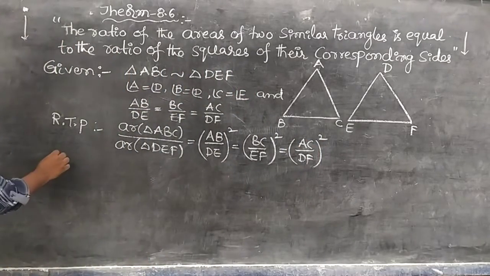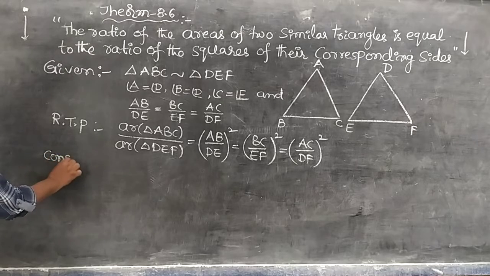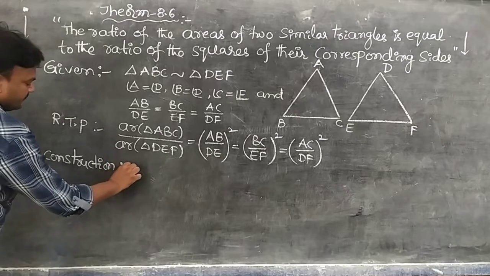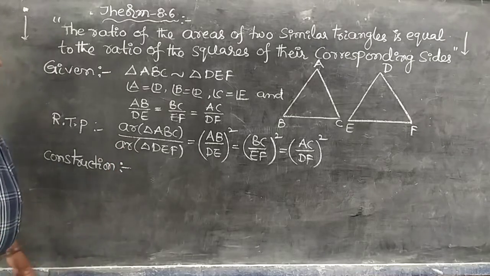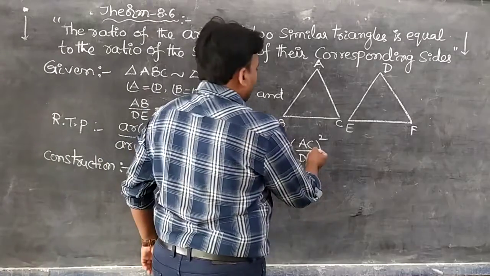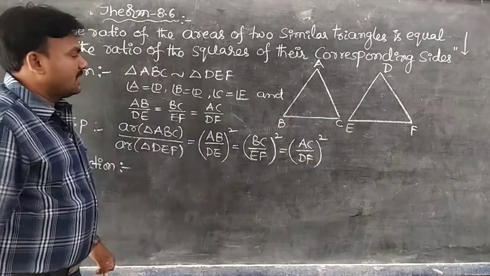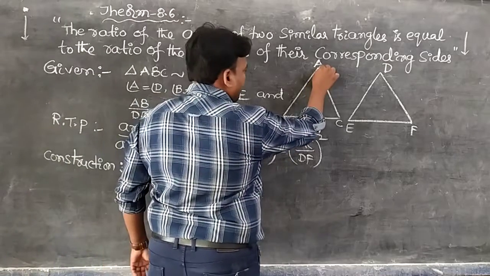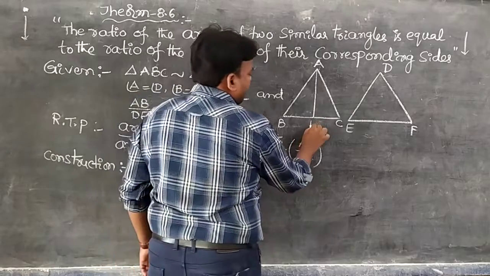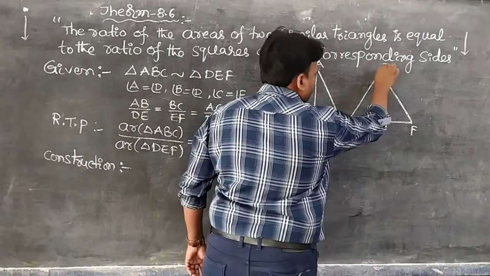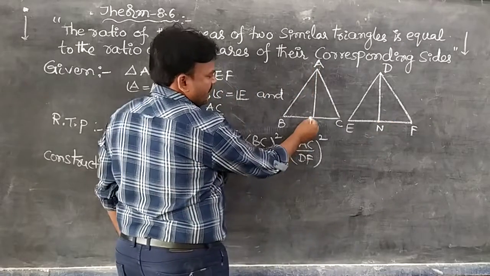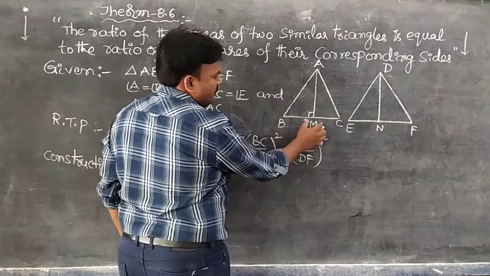Yes. Next, observe here. Construction. What is the construction? Let me take the construction part. Here we take, through A, AM, and also through D, we take DN. Observe here, AM is perpendicular to BC.